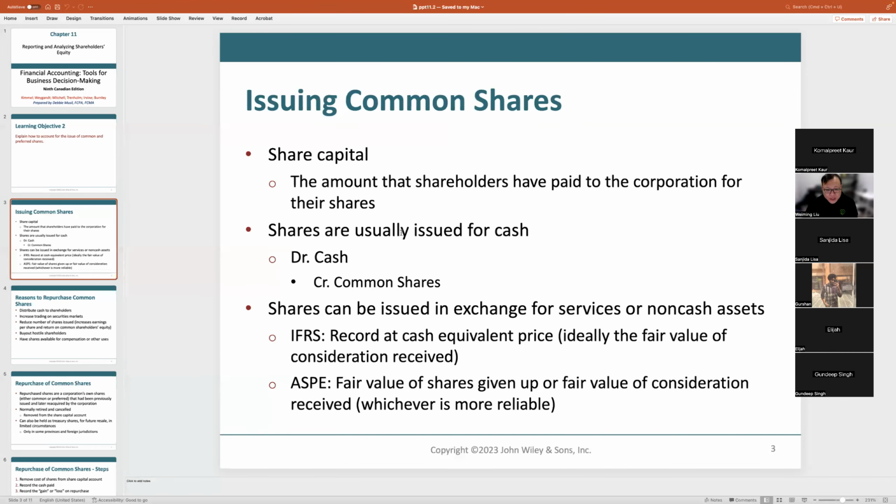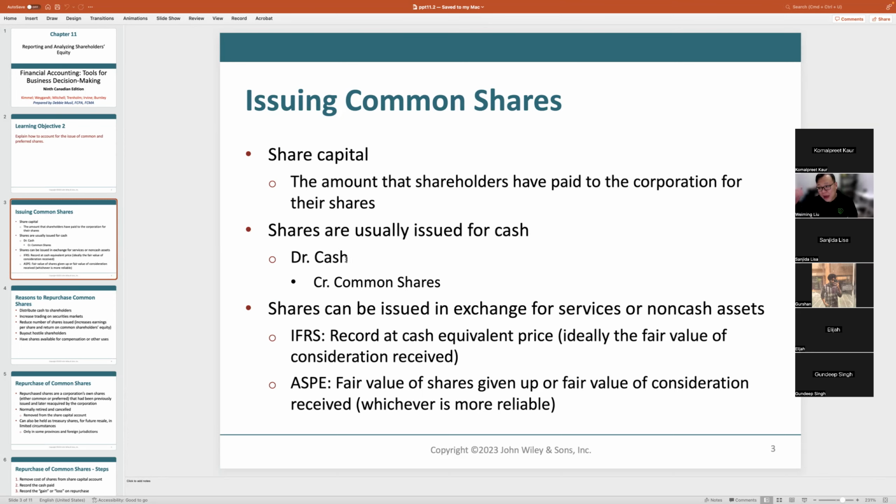So in this situation, there are two accounts. I want to see if you guys understand. There are two accounts involved in this accounting transaction: one is cash, one is common shares. So I want to ask you, where does cash belong on the statement of financial position?